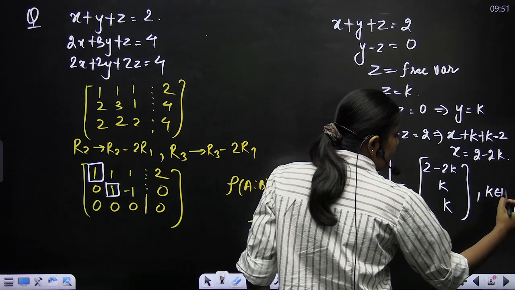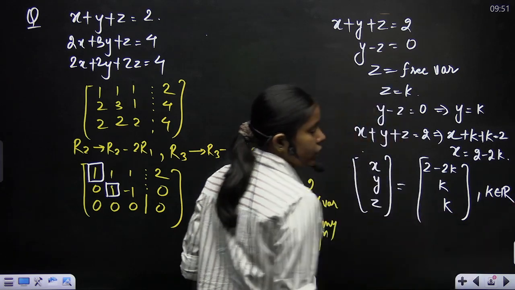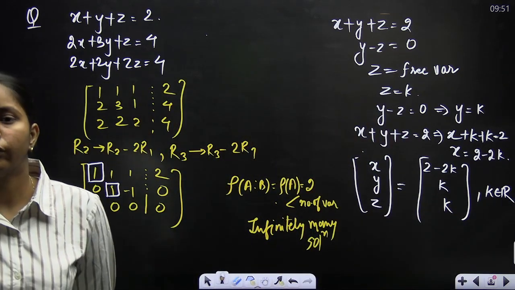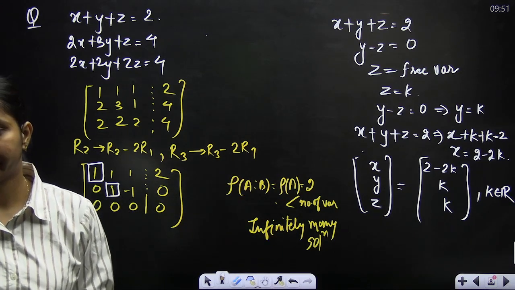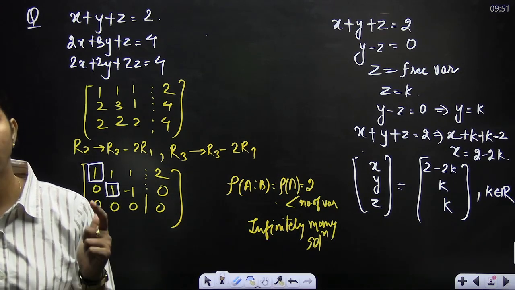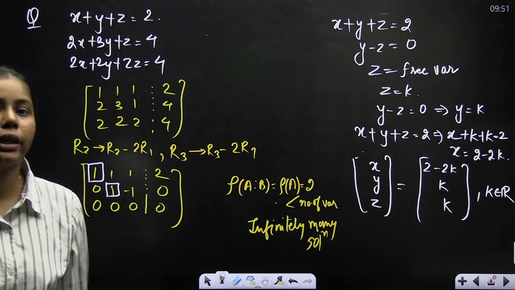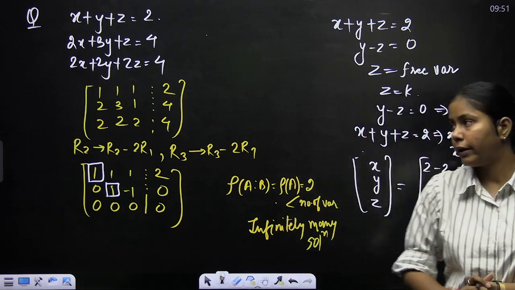So it has infinitely many solutions because I can replace the value of k. We have one free variable, so we have one constant k. Right, so that's how we find infinitely many solutions.